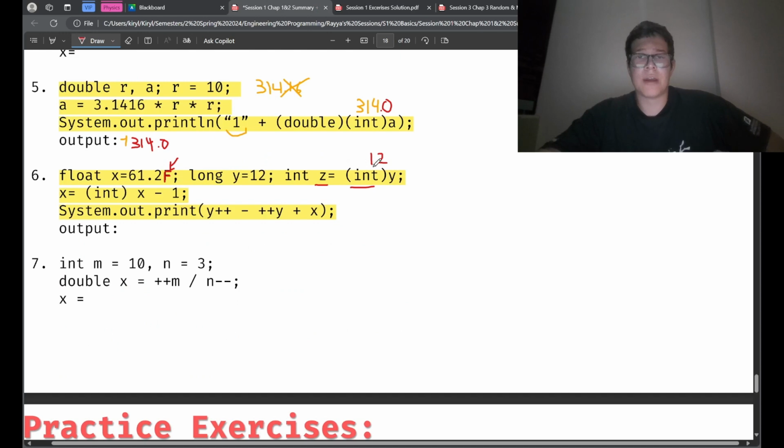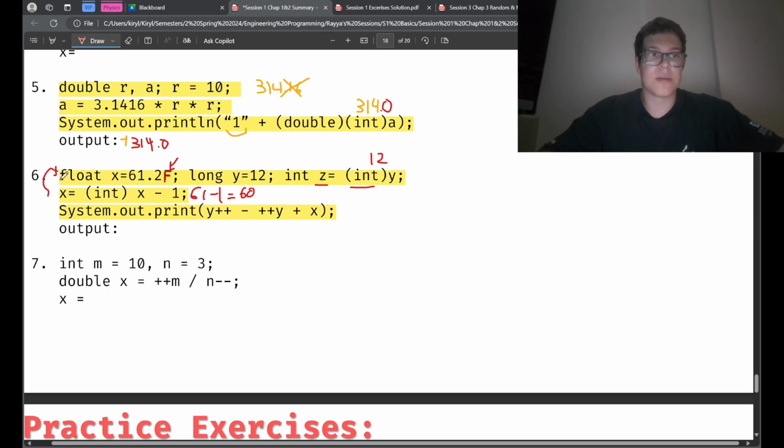Okay, so now I've set this integer equivalent to 12. Now we're going to say x is going to be equal to int x minus 1. So immediately I'm going to be casting x into an integer, so I'm going to get rid of this 0.2. It's going to become 61 minus 1, which is equal to 60, right? But what is the type of x?